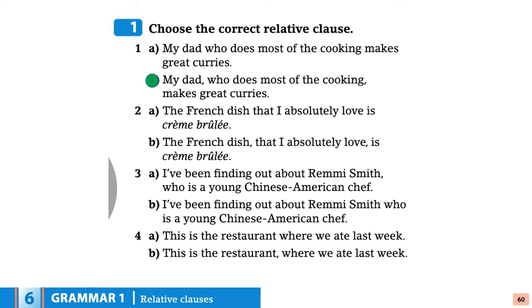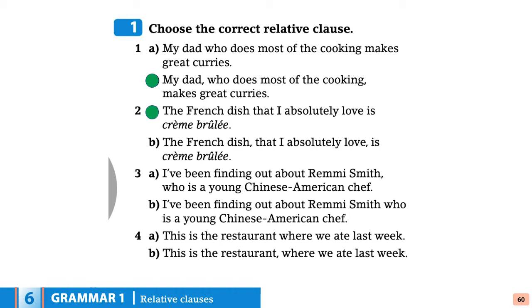Defining or non-defining? Yes, defining. You don't know the French dish that I'm going to talk about, okay? So that's defining. This relative clause, that I absolutely love, is so important that otherwise it has no meaning, right?